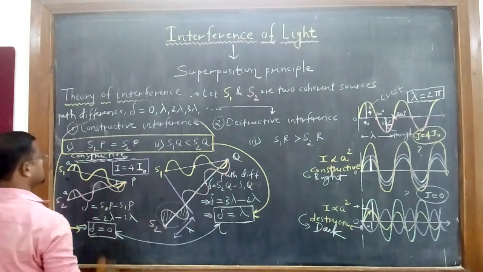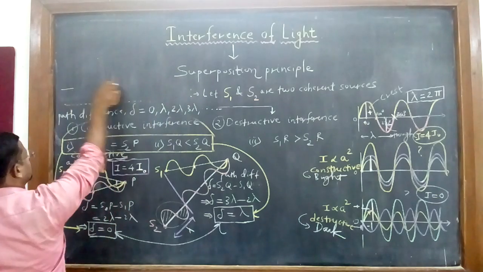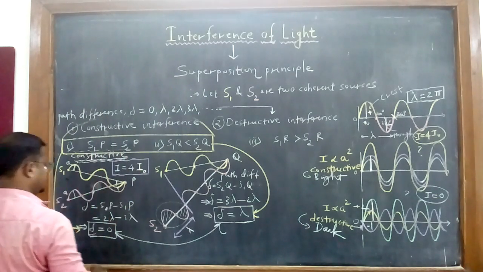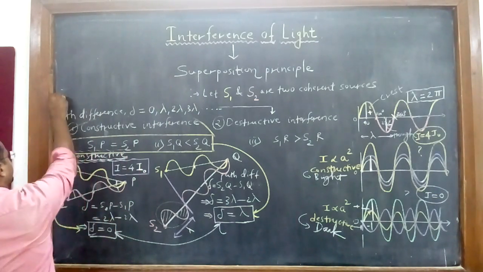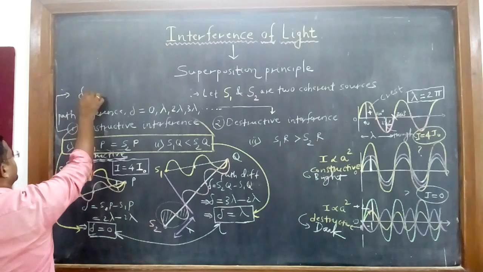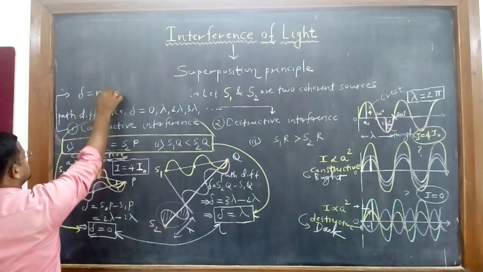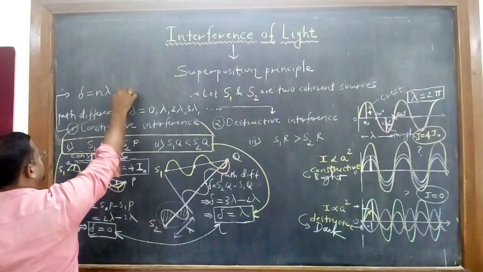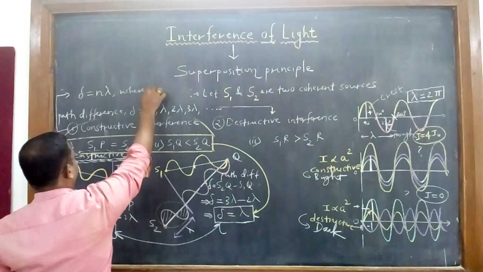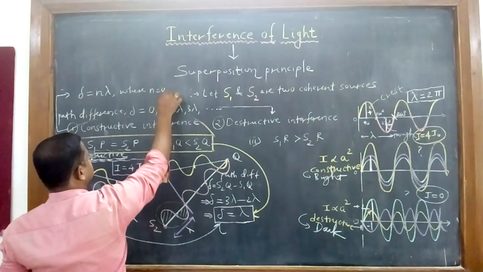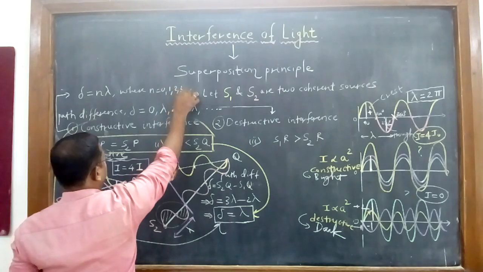So we can write this constructive interference like this. The two waves are said to interfere constructively if the path difference between the two waves is equal to an integral multiple of lambda, where n is equal to 0, 1, 2, 3, 4, and so on.